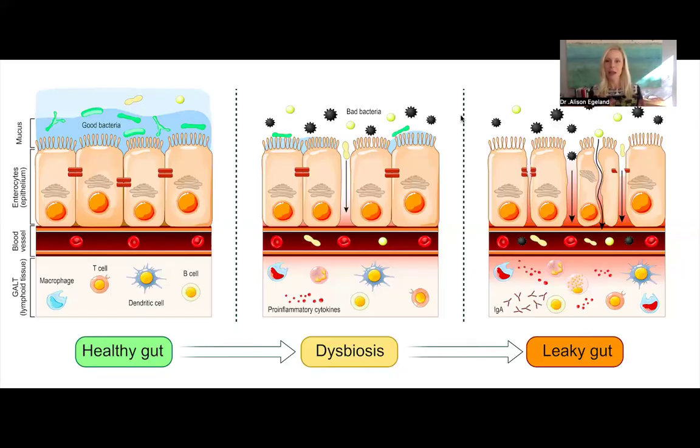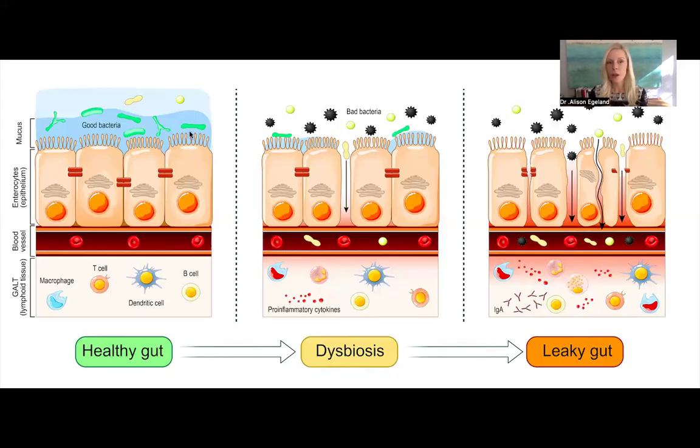That would just be an imbalanced ecosystem, for example. So, you can see here we've got some bad bacteria. Now you can see the tight junctions between these two cells here. They're gone, they're damaged. And so of course this is creating a break in that barrier where things can kind of leak into the bloodstream and start to activate an immune response.